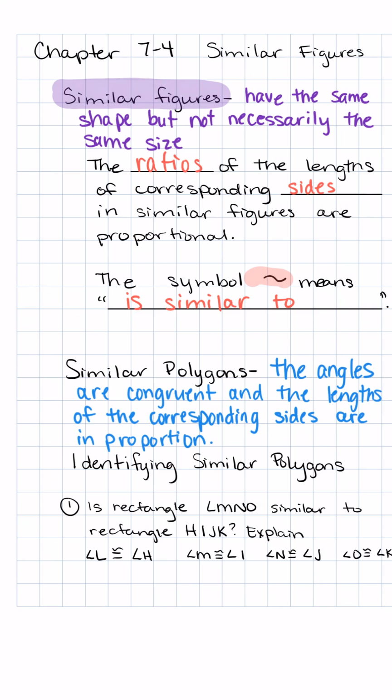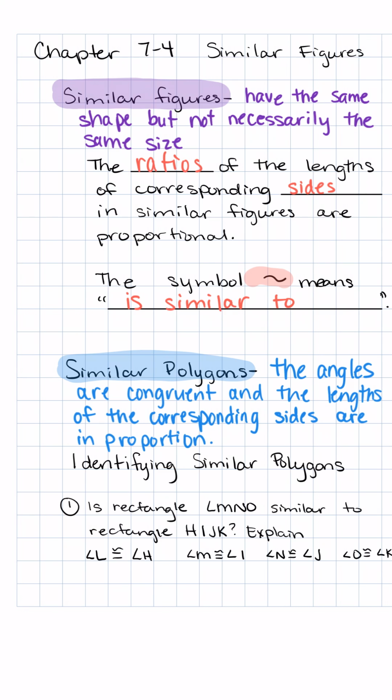Okay, so similar polygons, the angles are congruent, so the angles are the same, and the lengths of the corresponding sides are in proportion. So for example, they might all be twice as big, so it'd be times 2 or plus 4 to each of the sides. Okay, so they're all the same proportion.